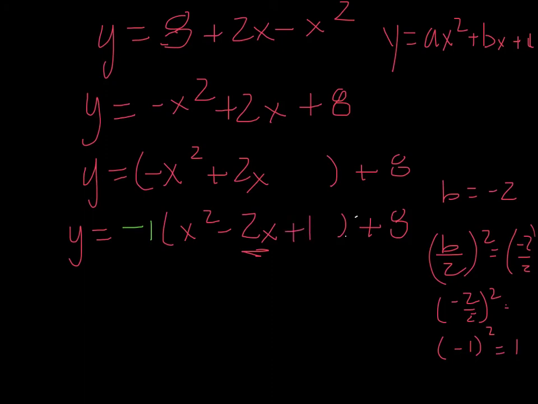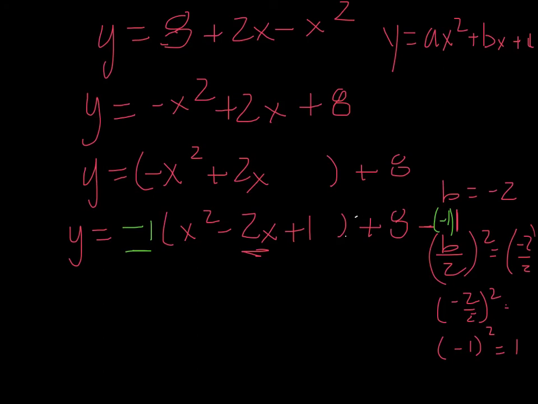If I'm going to add 1, I have to subtract the 1, because I can add 0. I can't just randomly add 1. But again, I need to multiply it by this, so I'm going to multiply it by negative 1.